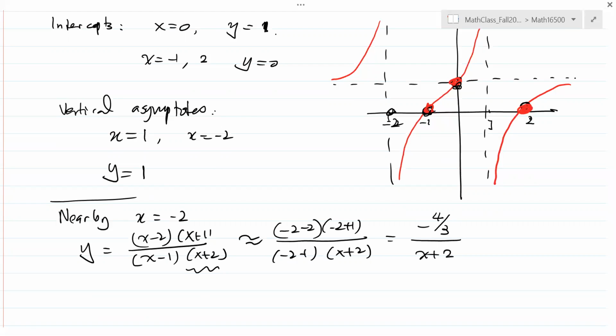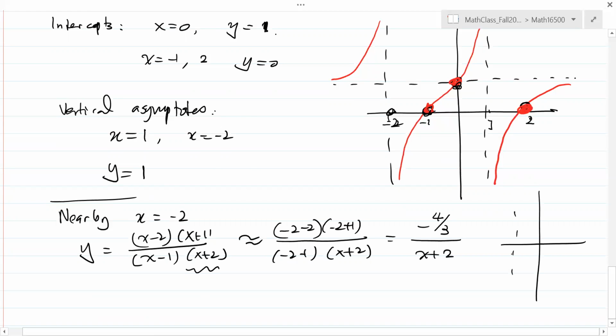So the graph of this simple function will look like that. Here's -2. The graph of this simple function will be like this. When x is greater than -2, it is negative.